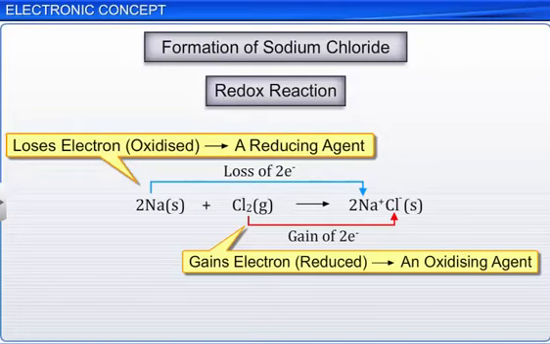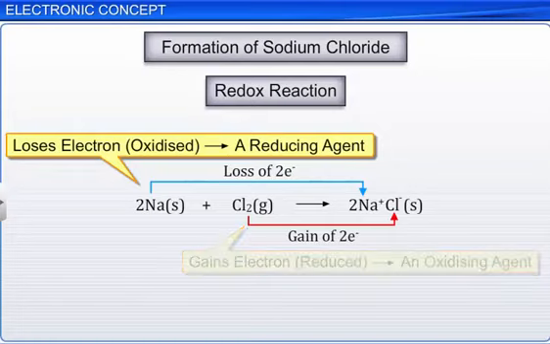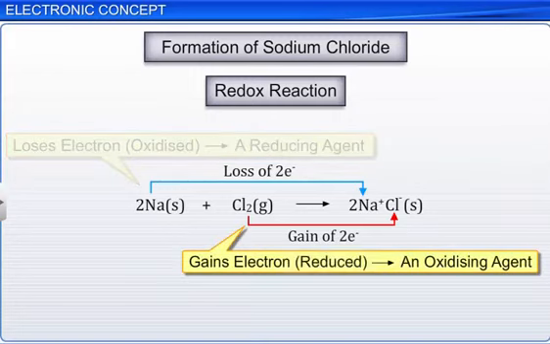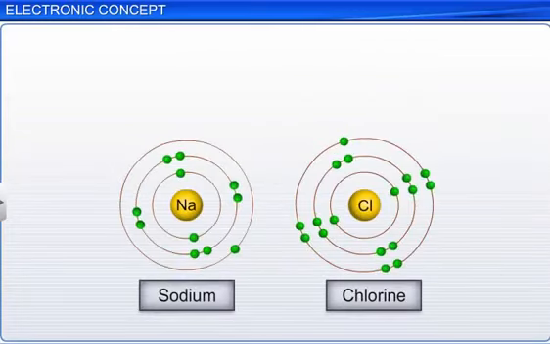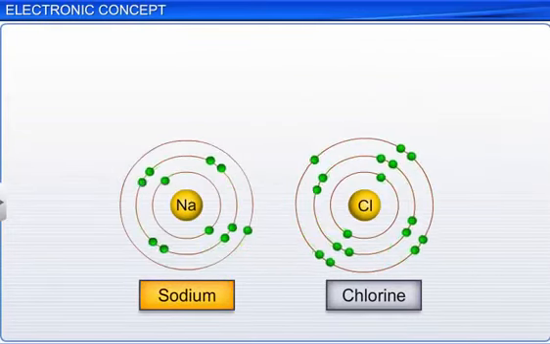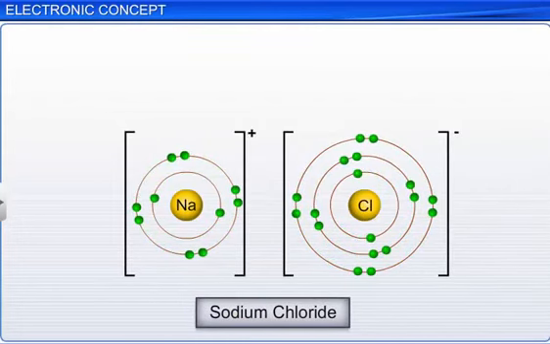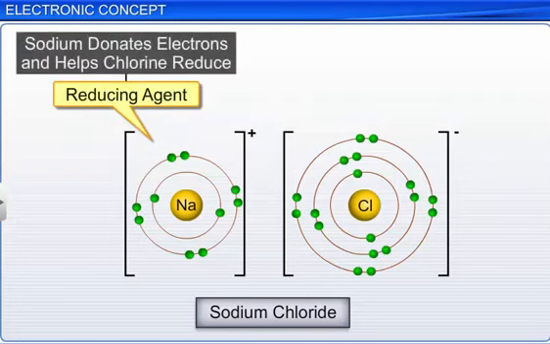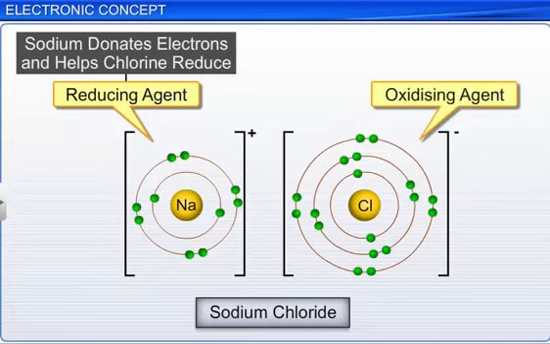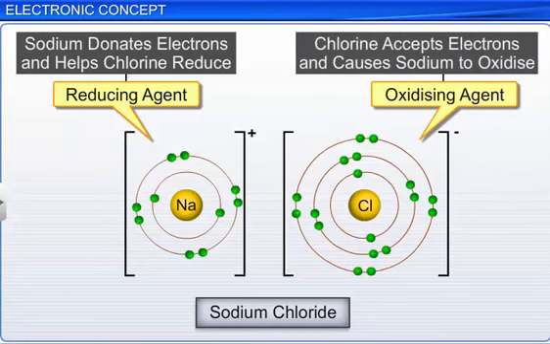In this process, the reducing agent gets oxidized and oxidizing agent gets reduced. Thus, in the reaction between sodium and chlorine to form sodium chloride, sodium acts as a reducing agent by donating the electrons, while chlorine acts as an oxidizing agent by accepting the electrons.